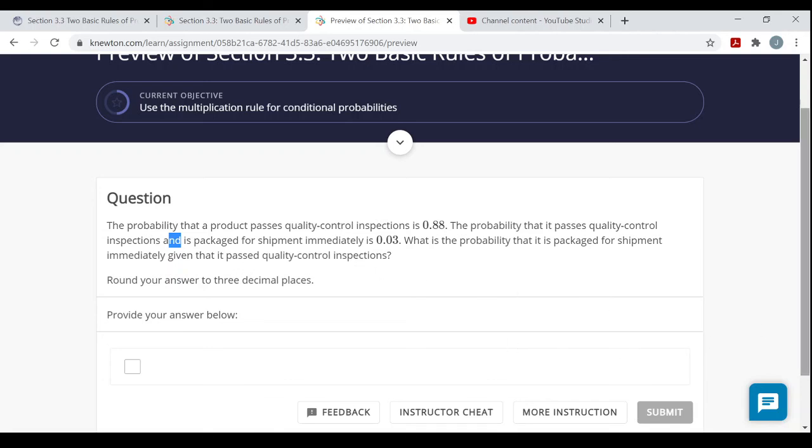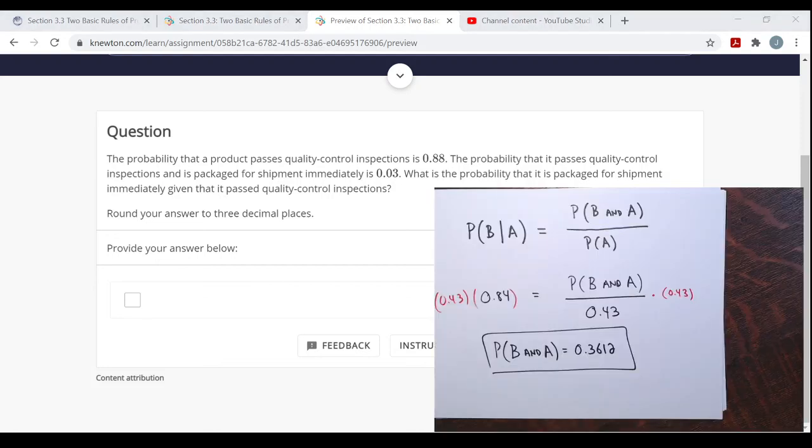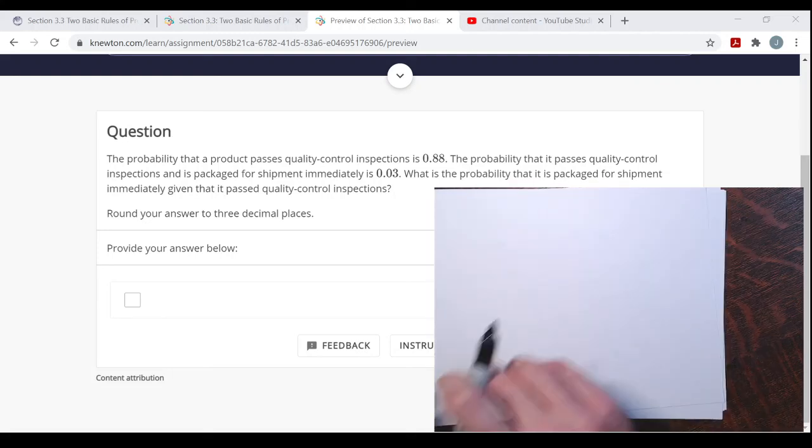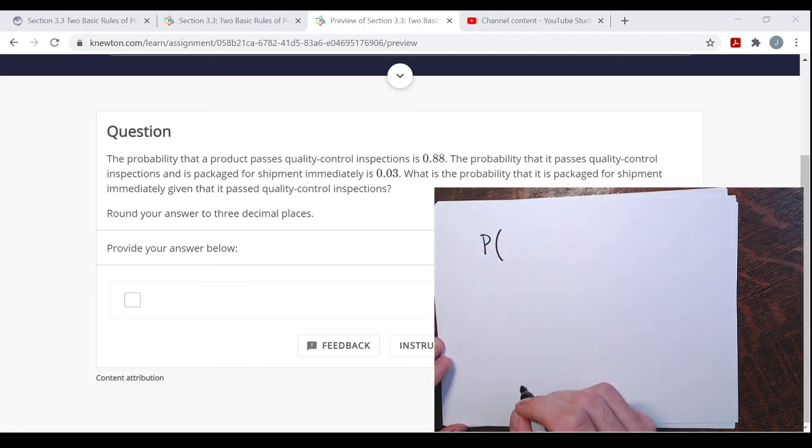Right. So again, I'll just pull this up. Hopefully this isn't too small. All right, so they're asking us for the probability that it is packaged for shipment immediately.